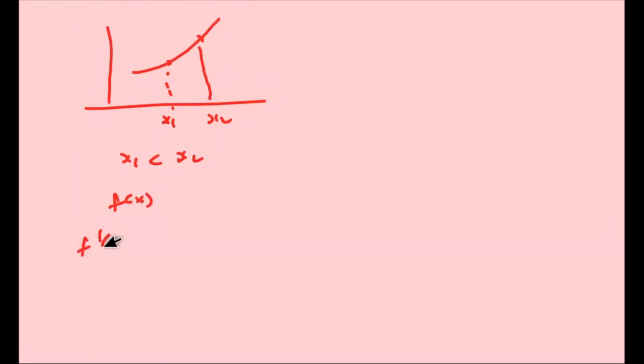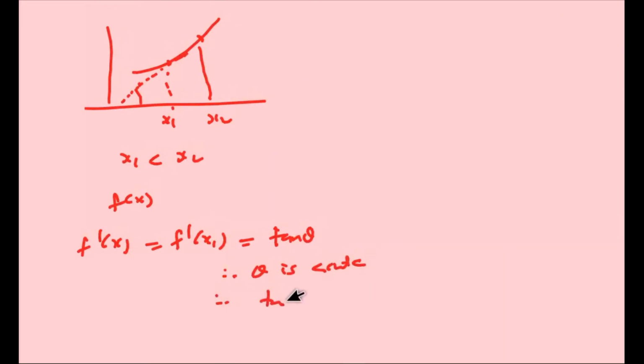If we find f dash x, that is, f dash x1, f dash means the differential of the function, and it is the slope of the tangent. So we can think here that the slope of the tangent makes an acute angle. Here theta is acute, hence tan theta is greater than 0.